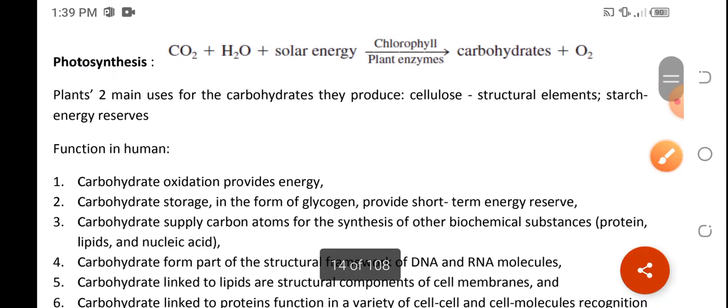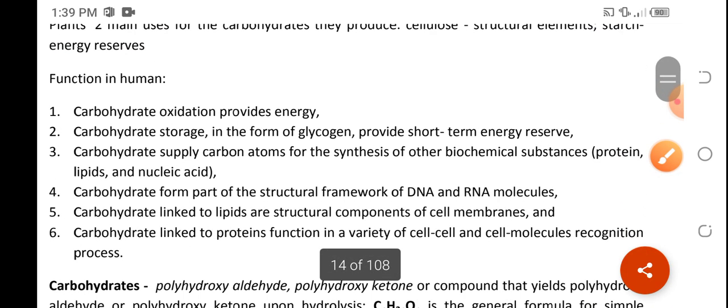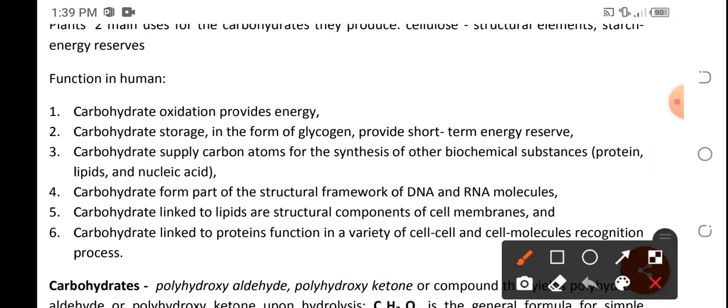However, pagdating sa tao, human, ang function niya, okay, so a carbohydrate could provide energy. They are also used for short-term energy reserve in the form of glycogen.